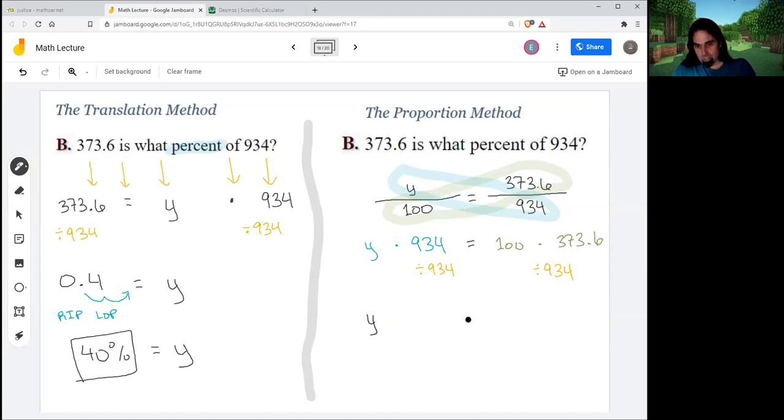Proportion folks will get 40 without any need to do rip lop. Just put the percent on like a label. You've paid for it already with the over 100. And you're done.